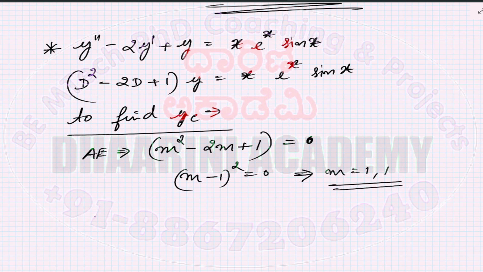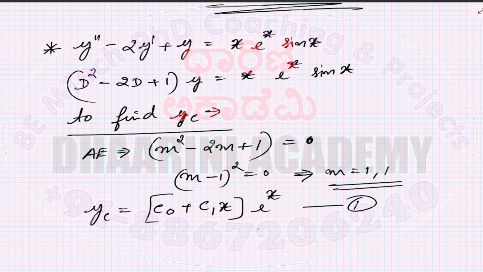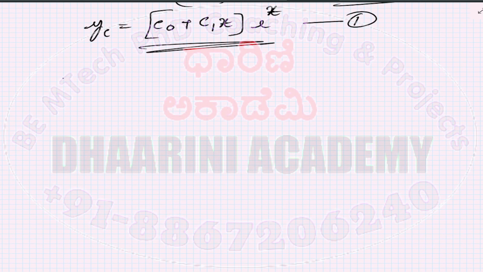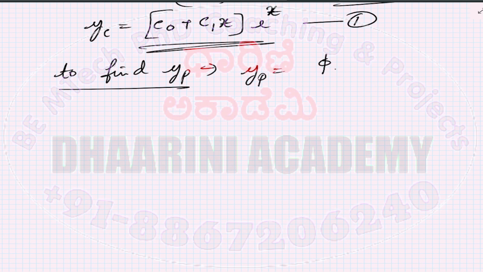Roots are real and repeated, that's why we guess the YC is equal to C naught plus C1 x, since two roots, we write two terms into e to the power that root, which is 1 into x. Call this YC, equation number 1. So our next step is to find YP. So how do you find YP? You write the standard equation. YP is the phi of x divided by f of D.